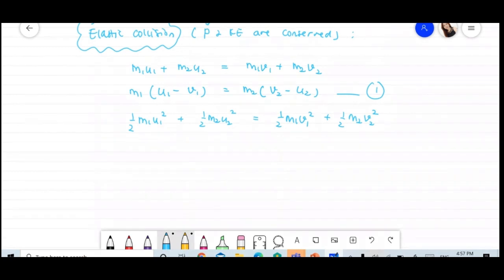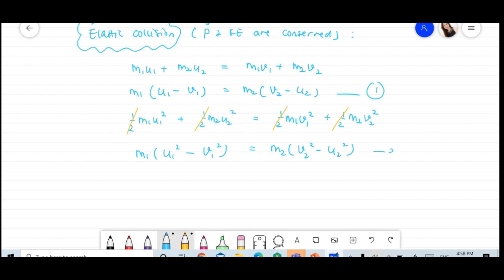Same with conservation of kinetic energy. I move all the m1 terms to the left-hand side and m2 to the right-hand side. Then you have m1 (u1 squared minus v1 squared) equal to m2 (v2 squared minus u2 squared).